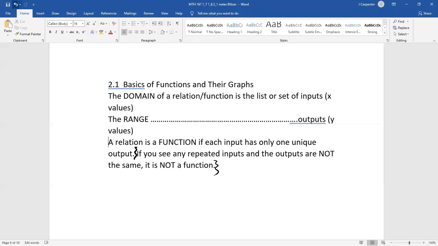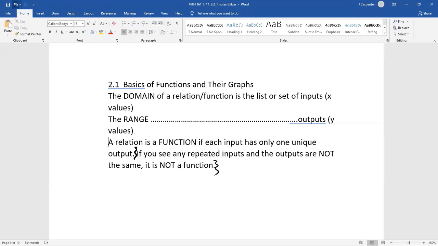Every time you plug in a number, you should get the same output. Otherwise, that's insanity, doing the same thing leading to different results, right? Well, in math, that insanity can happen, as we will see. There are times when there's more than one output from a single input, and then it's not a function. And we've already kind of gone over that idea with that plus or minus square root idea.